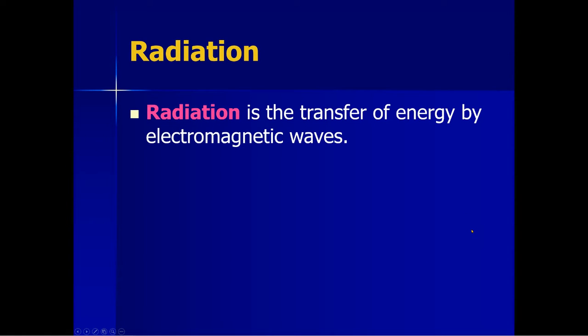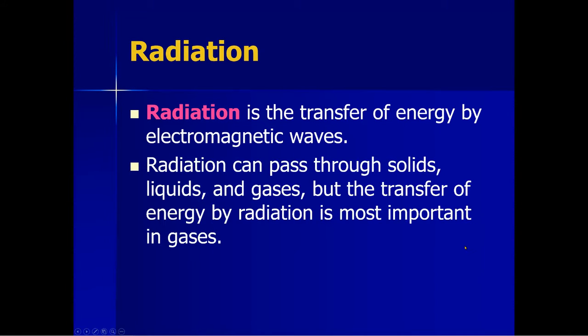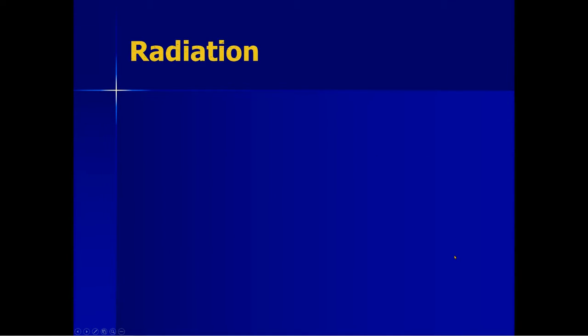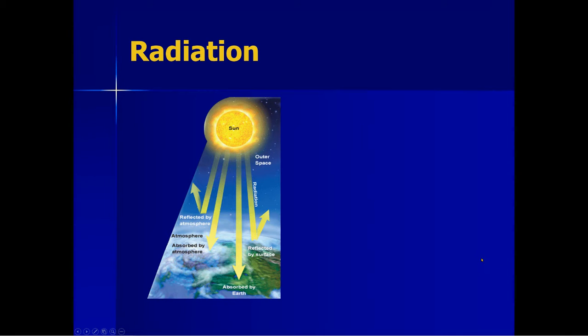Radiation. Radiation is the transfer of energy by electromagnetic waves. Radiation can pass through solids, liquids, and gases, but the transfer of energy by radiation is most important in gases. The sun radiates energy down to the earth. Some of that radiation is reflected off by the surface of the earth.